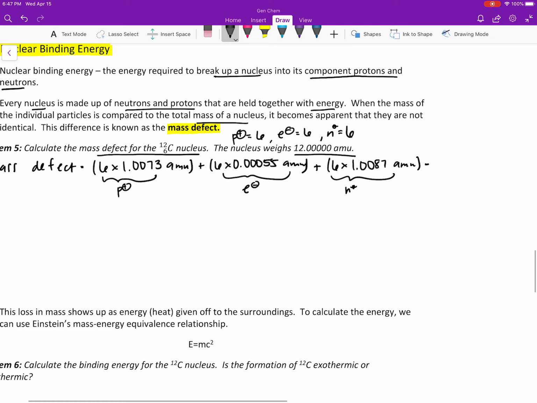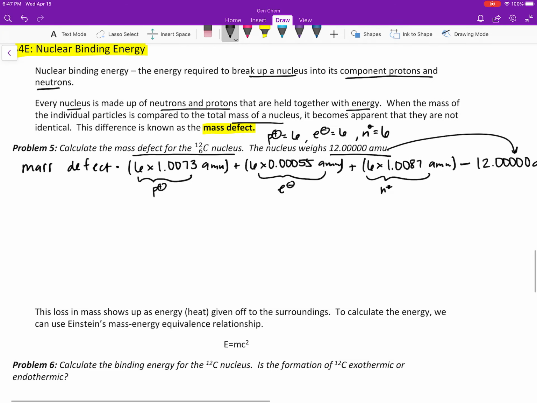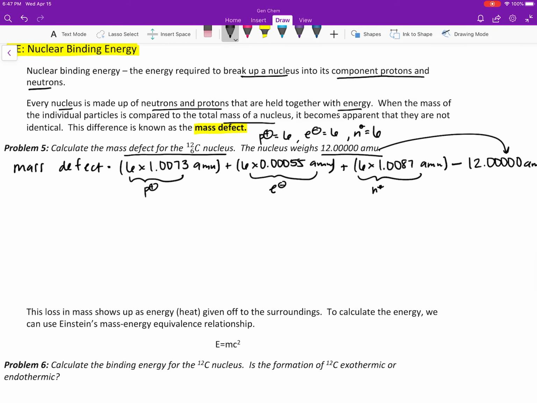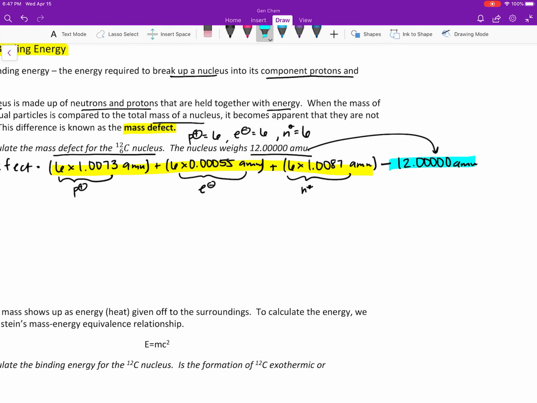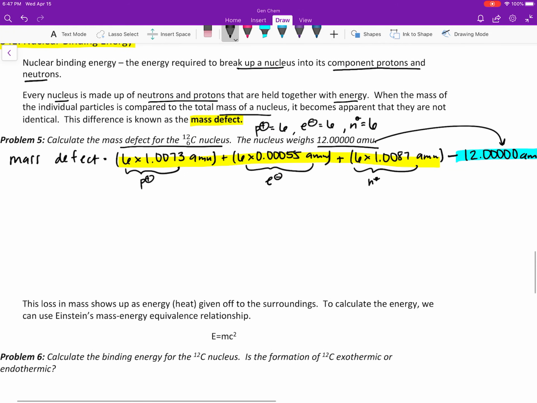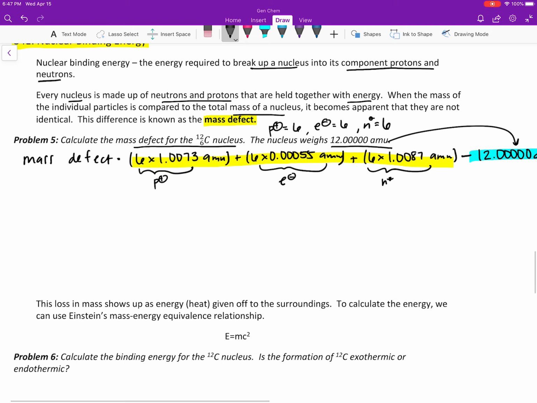Okay, so I'm going to add those all together, and then from that, I'm going to subtract the nucleus weight. Everything here is theoretical. What I have here is measured. So I'm going to take each piece one at a time.